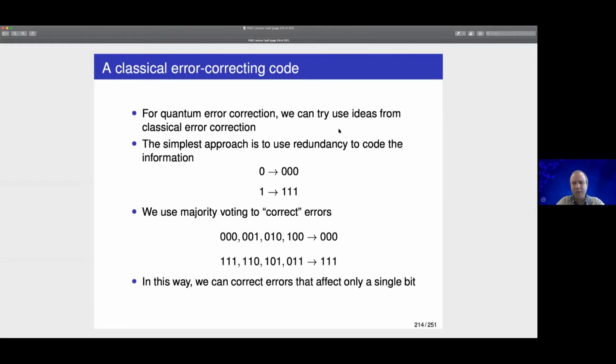Okay, so the most typical way, or the simplest way of trying to correct errors in the classical setting is, as I told you before, by using redundancy, by using multiple copies of the same information. So imagine, for instance, that you want to transmit a bit over a noisy channel, or to store a bit in memory, but there may be some noise, and then this memory can get corrupted, or the bits there can flip.